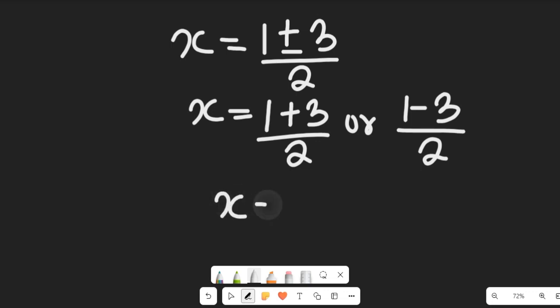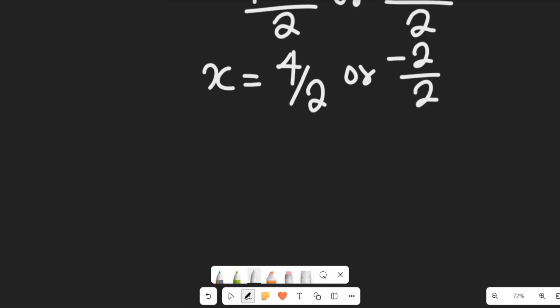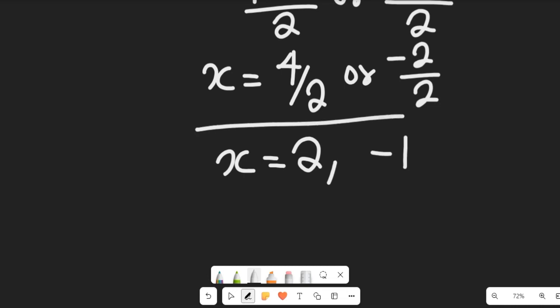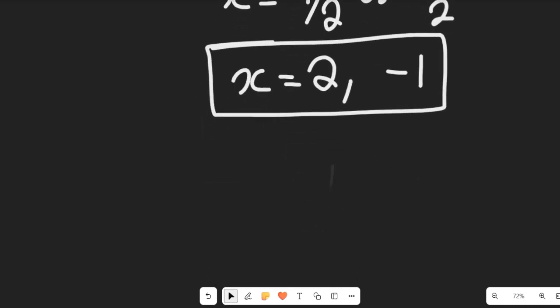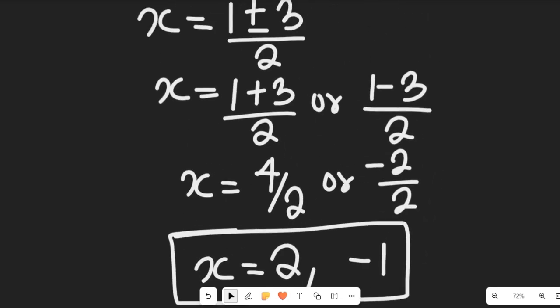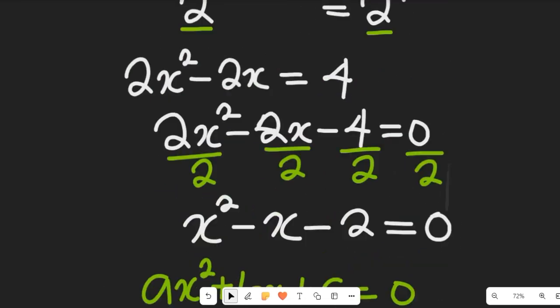So x will be equal to 4 divided by 2, or negative 2 divided by 2. So what do we have? We have the value of x to be equal to 2, and the value of x to be equal to negative 1. So the value of x is 2 and negative 1. Those are exactly the values that satisfy the exponential equation given to us above.